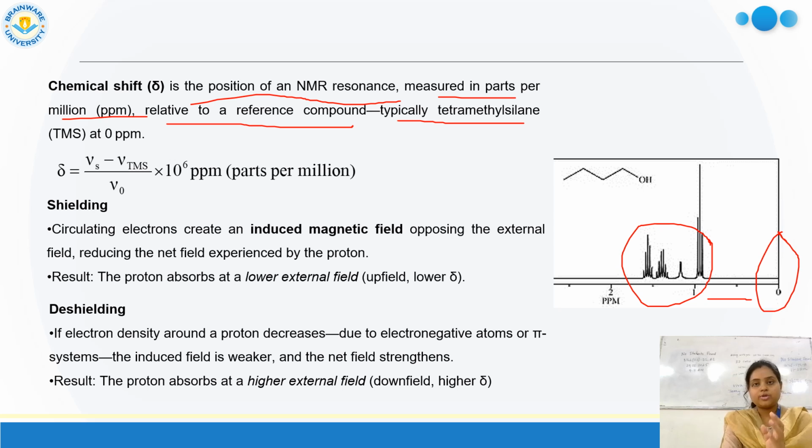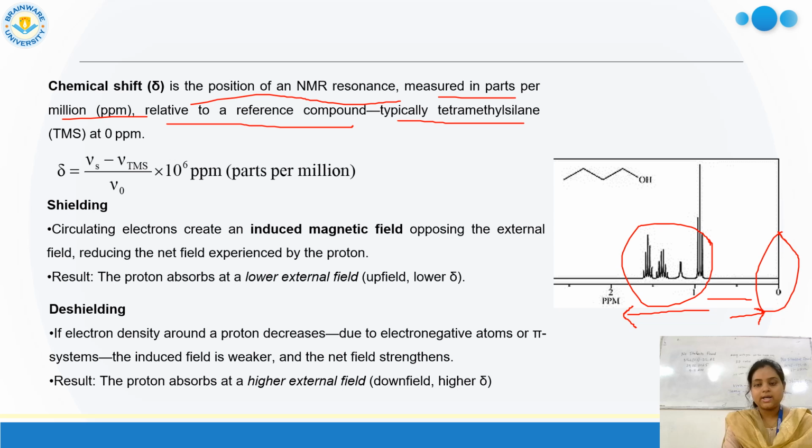And the protons which experience less shielding are deshielded. So they experience more external magnetic field, and they will show higher chemical shift, that means higher ppm. And the shielded protons will show lower ppm. So tell me, there are 4 peaks, right?